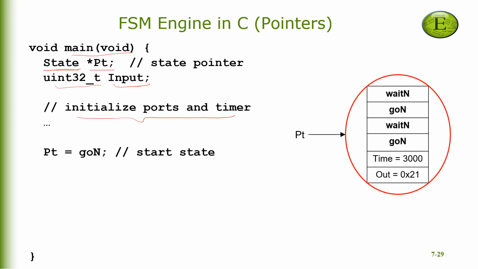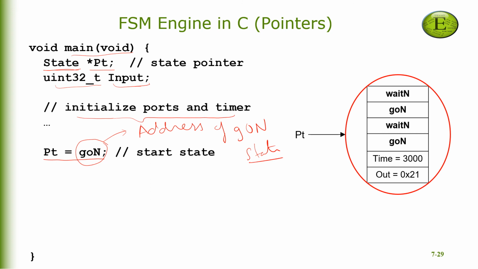Assuming that is done, then we're going to initialize our pointer. And remember, this GoN is an address. It is not a state. It is an address of the GoN state. So once the pointer is initialized, then we know what is at that address. We saw that in the previous slide.